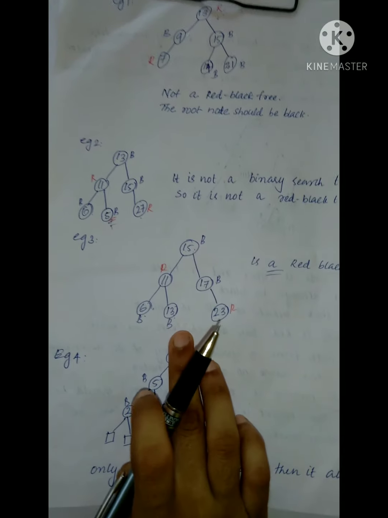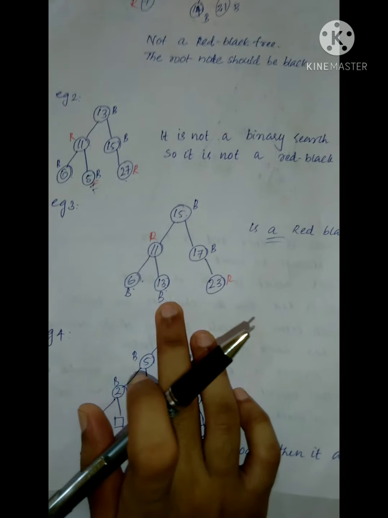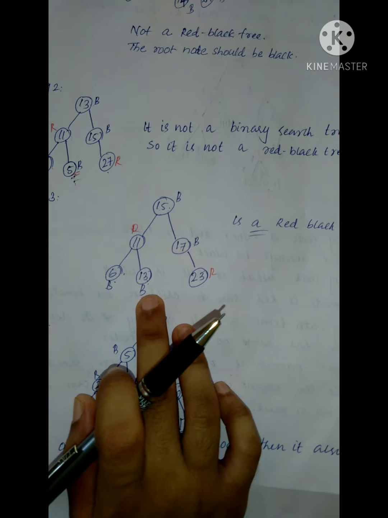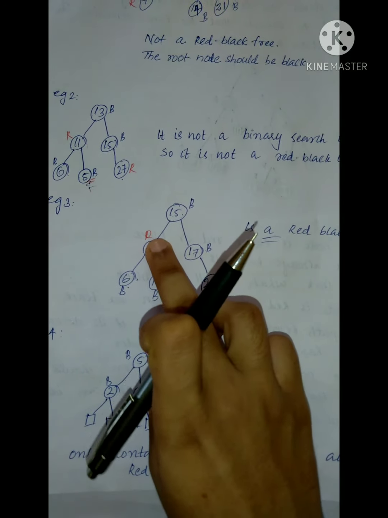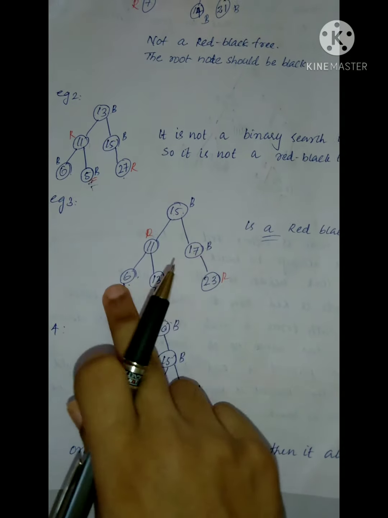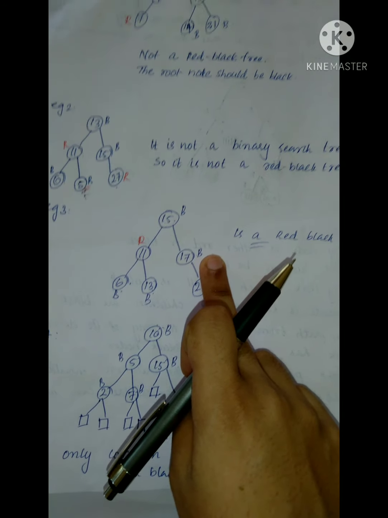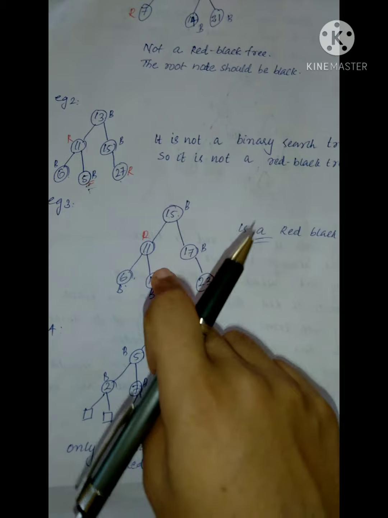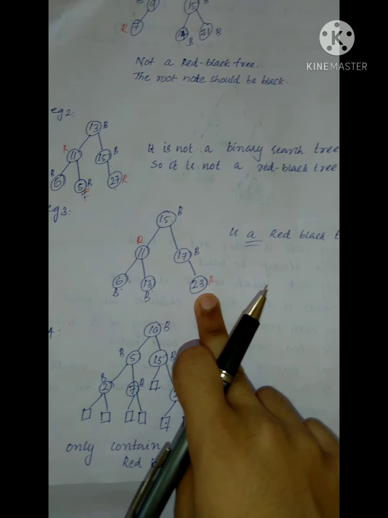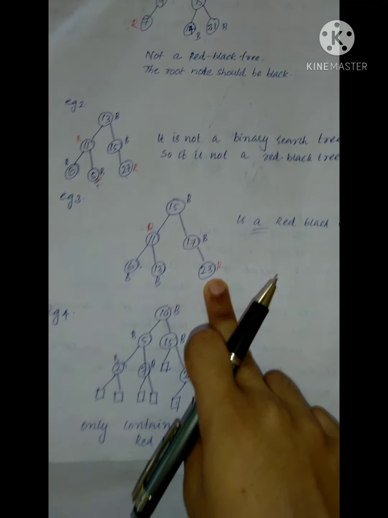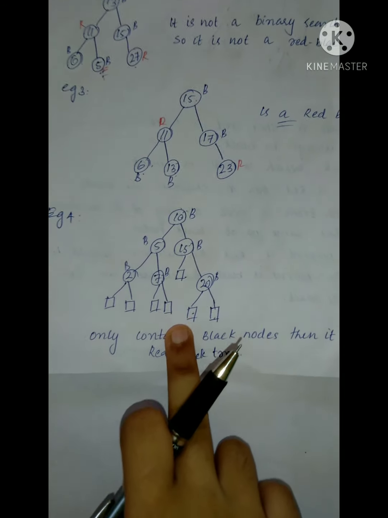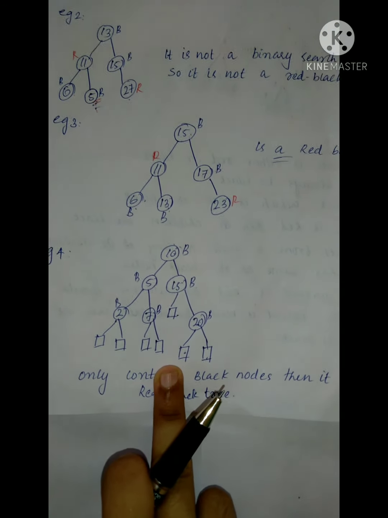According to this example, it is a red-black tree because a red node has black children, a black node can have either red or black children, and every path contains the same number of black nodes. Consider the fourth example.